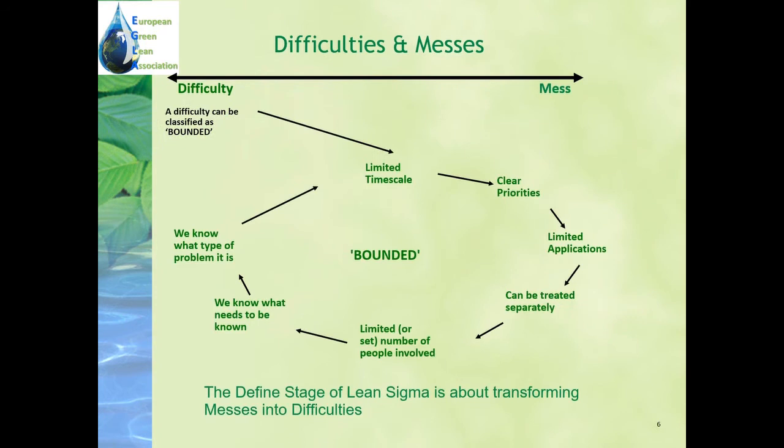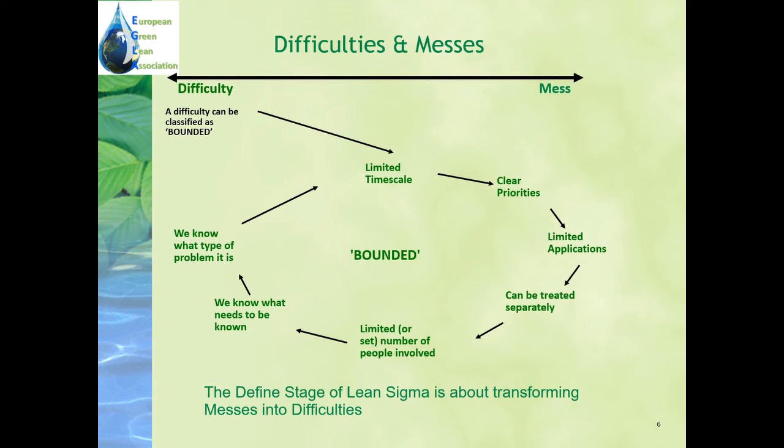So a difficulty can be classified as bounded. And when we look at the difficulty, you see that there are much more descriptive things like a limited timescale, clear priorities, limited application it affects. It can be treated as a separate thing or separate things. There is a limited number of people and processes involved.